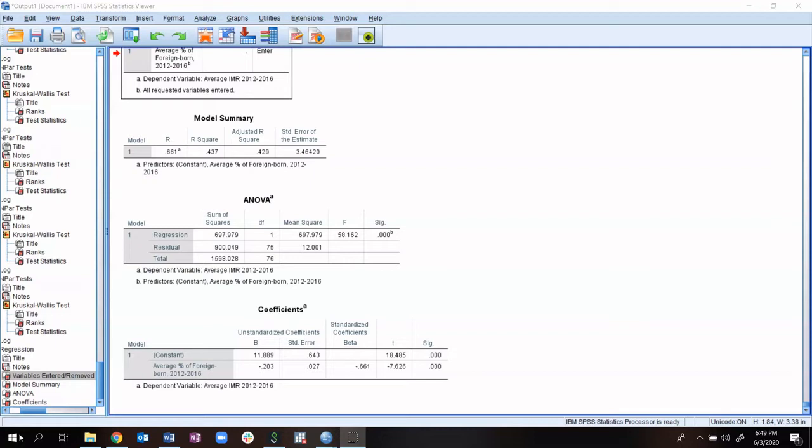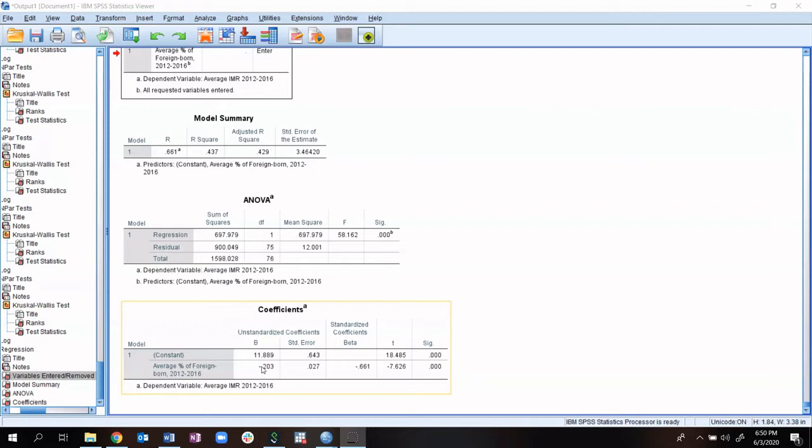We get that plus the coefficient, and we'd be able to predict an amount of infant mortality for a community area with 10% foreign-born residents, or 20%, or 50%. But that procedure is kind of inside baseball, and there'd be very few circumstances in which you would want to do that.